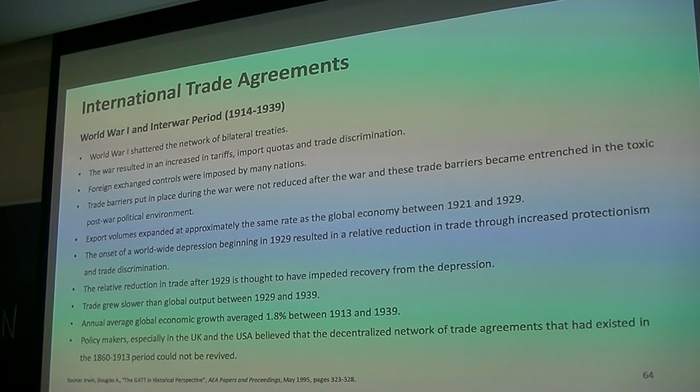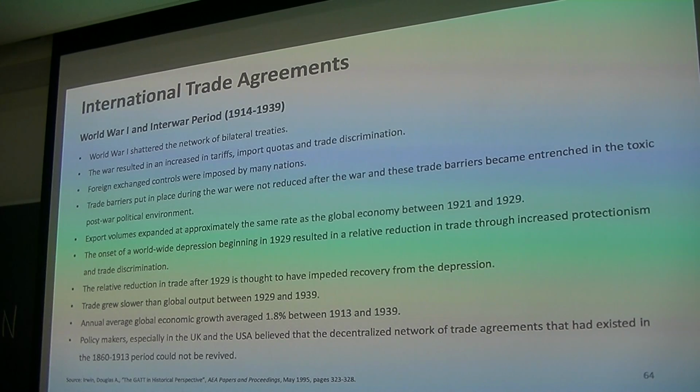That war resulted in tremendous changes, changes that geopolitically still exist today. If you're interested in the Middle East, it's very important to study World War I, because the effect of World War I is still very much in place there today.